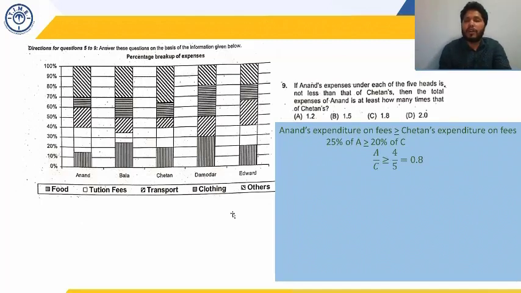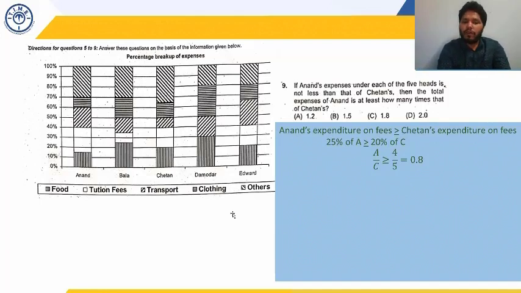We want Anand's expenses in each of the heads to be greater than or equal to Chetan's. So we have to satisfy food, so it has to be greater than or equal to 1.33, and if something is greater than or equal to 1.33, it is by default greater than or equal to 0.8 also.